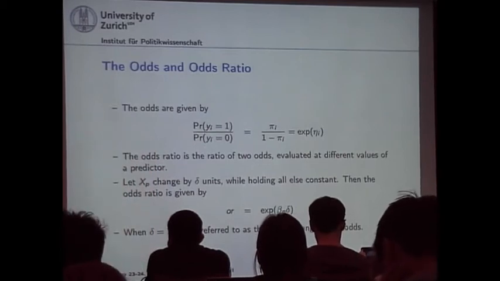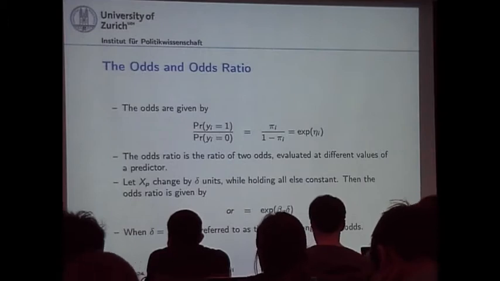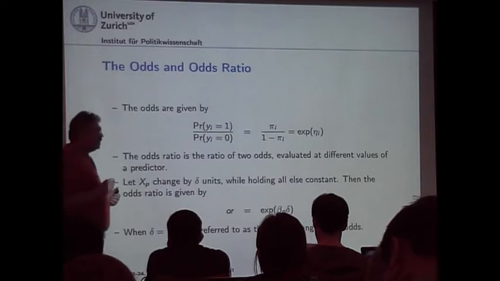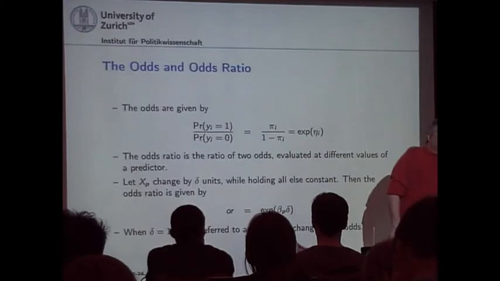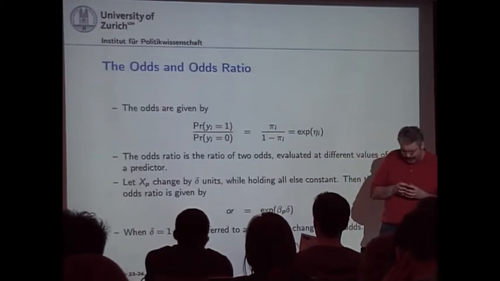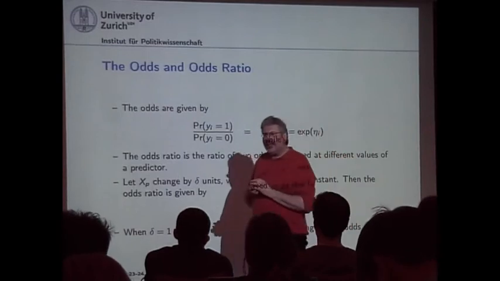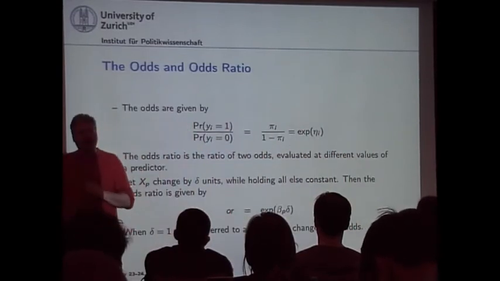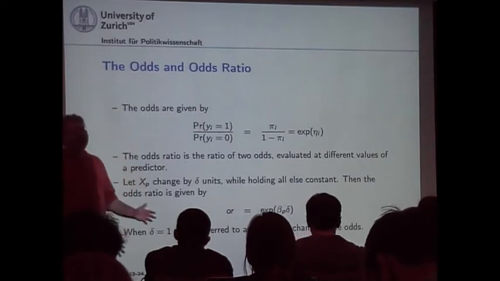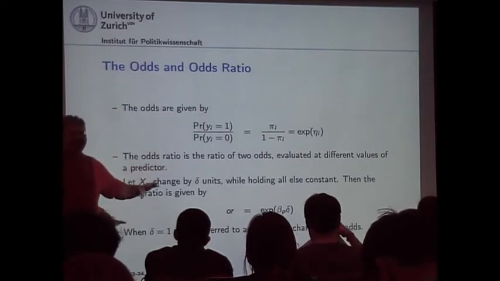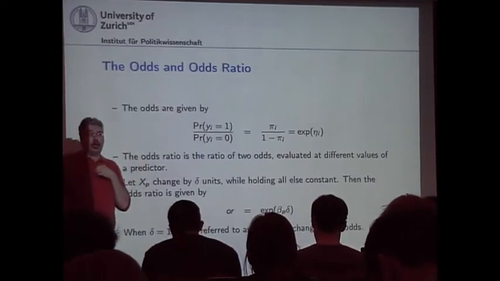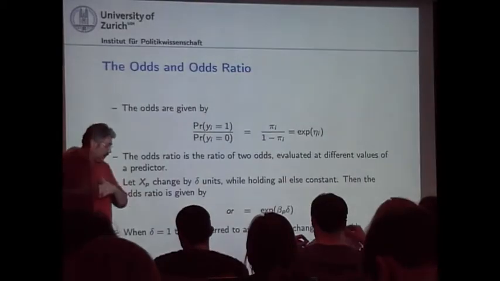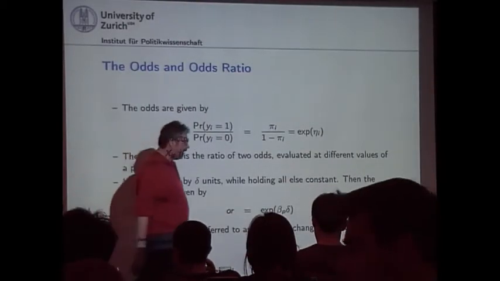Now imagine that in this linear predictor, which is a function of all of the predictors in the model, I take one predictor and change that predictor by delta units. Then I can actually calculate the odds ratio, because I can say, well, originally the predictor was at this value and the odds were this. And now the predictor has been changed to another value that is delta units higher. Now what are the odds? And I can then calculate the odds ratio, assuming that nothing else changes.